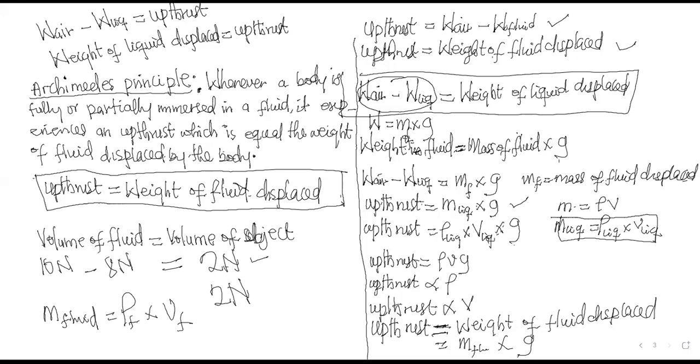Do we have any other person with that challenge in understanding this? So it is a gradual build-up from upthrust equals weight of fluid displaced, then weight is changed to mass of fluid displaced times gravity. Mass of fluid displaced is changed to density of fluid times volume of fluid displaced.